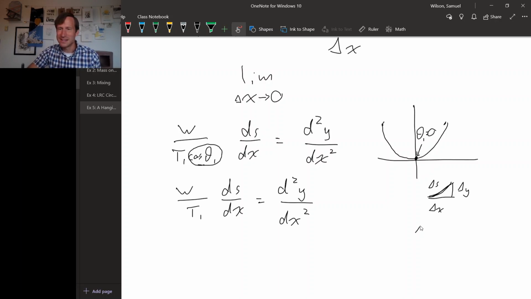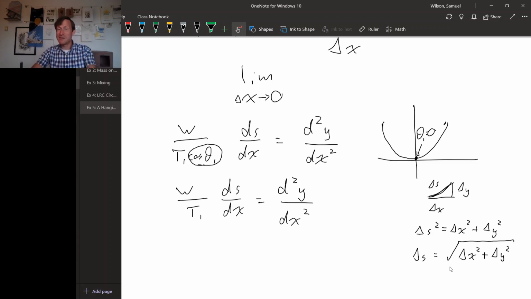And that means that, just using the Pythagorean theorem, delta s squared is delta x squared plus delta y squared. Now taking square roots, we get delta s is the square root of delta x squared plus delta y squared.